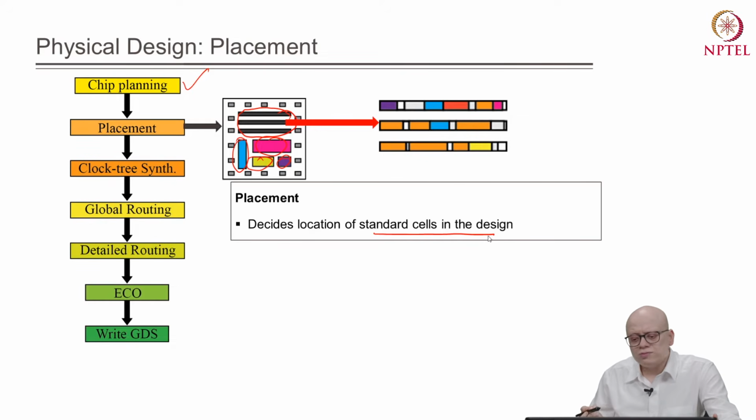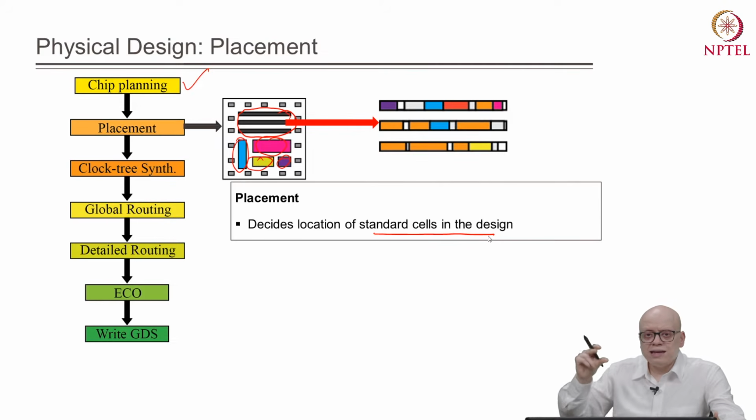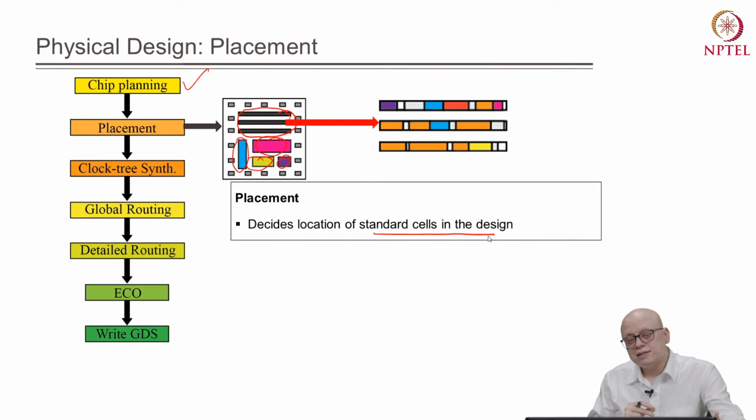Now, what is the difference between the placement of macros and the placement of standard cells? The problem is in terms of scale, because the macros will be say tens, hundreds maximum, so there will not be too many macros on the layout. The area of macros is much larger than standard cells, and the number of macros that need to be placed is comparatively less.